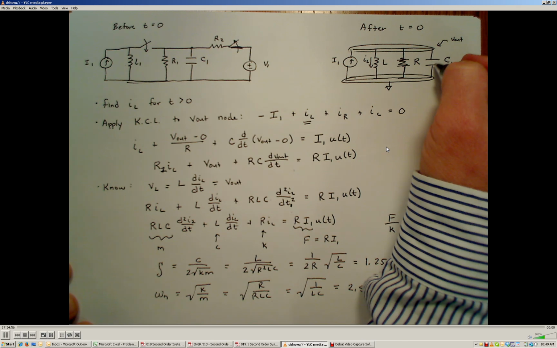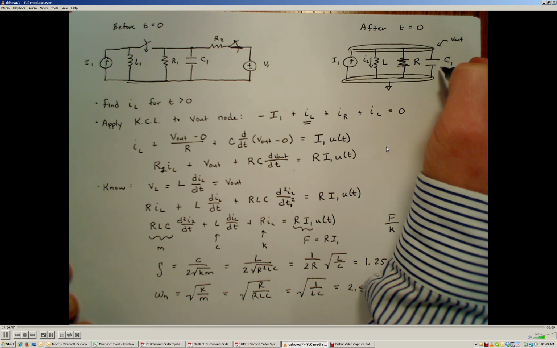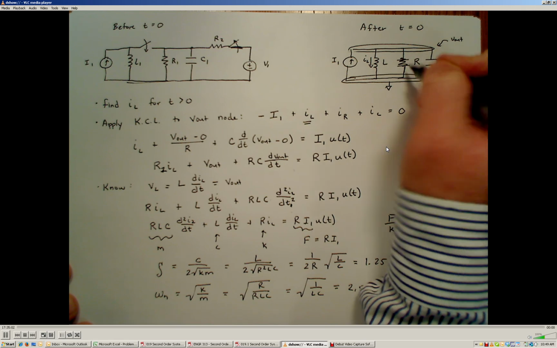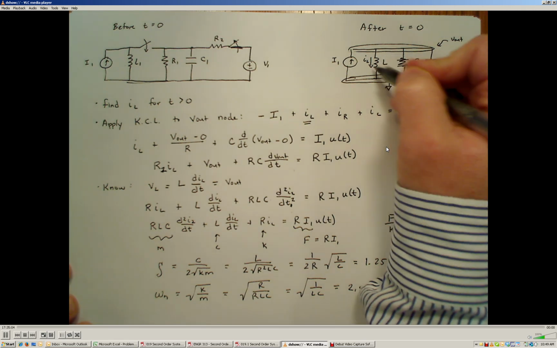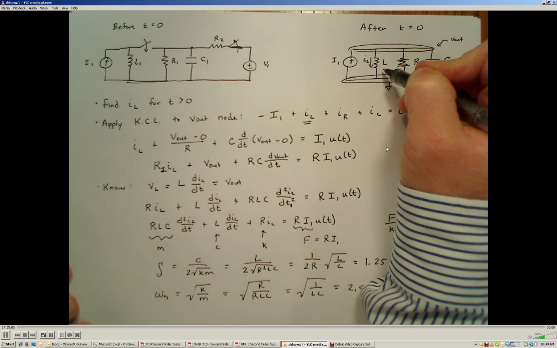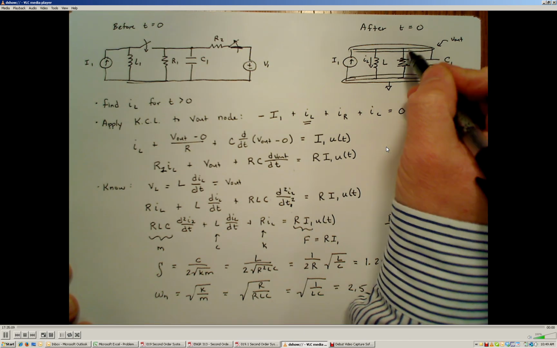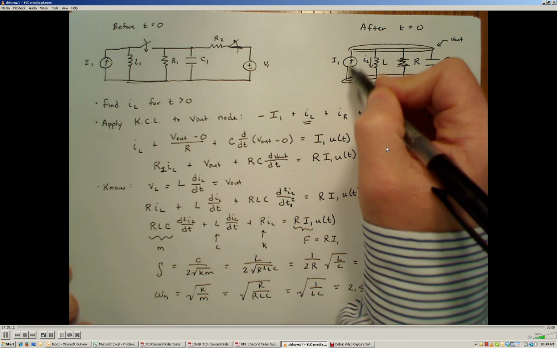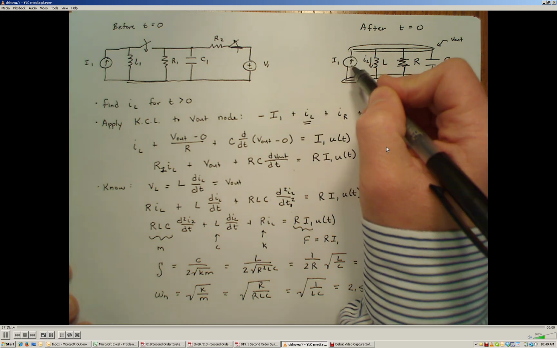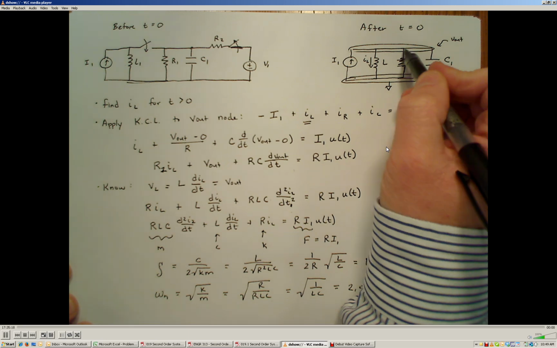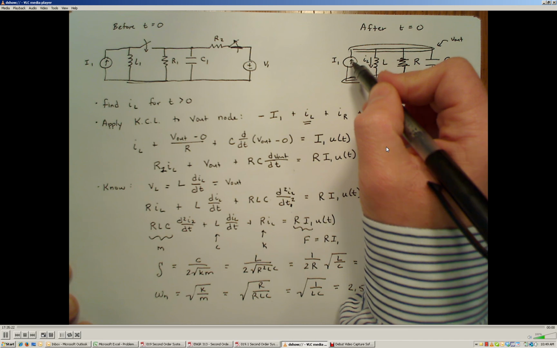Some of the charge that is stored in the capacitor is then going to discharge through the resistor. And it takes some time for the current to change through this inductive element. So all of the current is going to have to pass through this resistor, and passing the additional load of this resistor is going to cause some of the current to be supplied by this current supply right here.